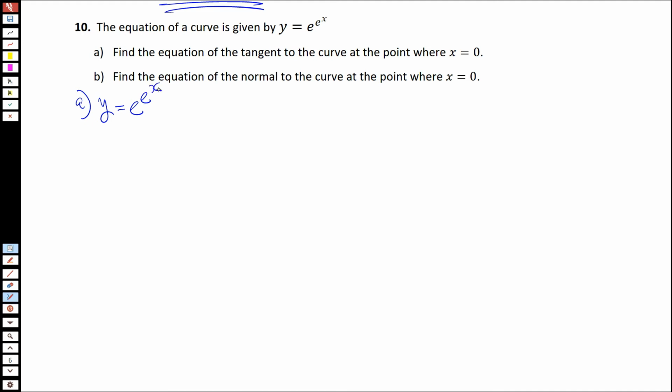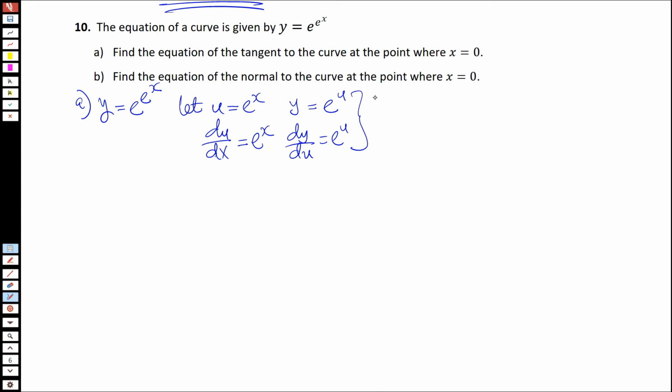Here, what we can do is use the chain rule. Let u be equal to e to power x, and that will imply that y will be equal to e to power u. So du over dx will be equal to e to power x, and dy over du will just be e to power u.